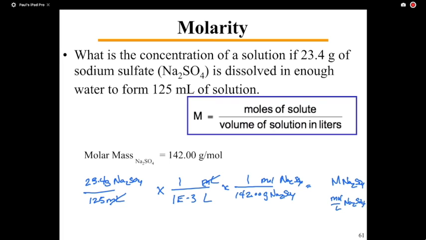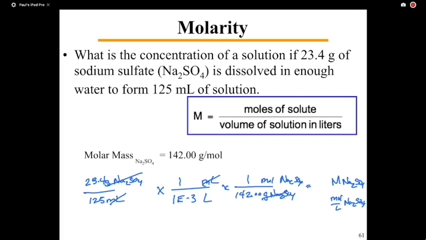Unfortunately, you will learn this in GChem 2. It must be a big M, because a small m stands for a different type of concentration. So capitalization is important for that. And so 23.4 divided by 125 divided by 1 e to the -3 divided by 142 will give you the concentration in molarity.